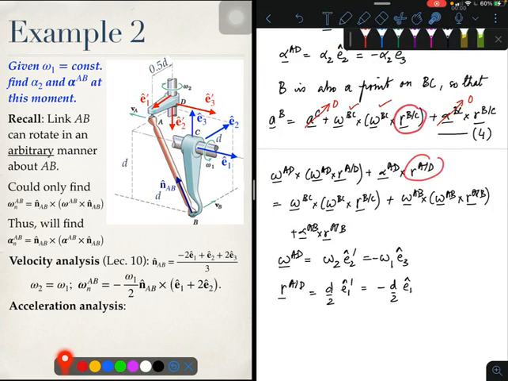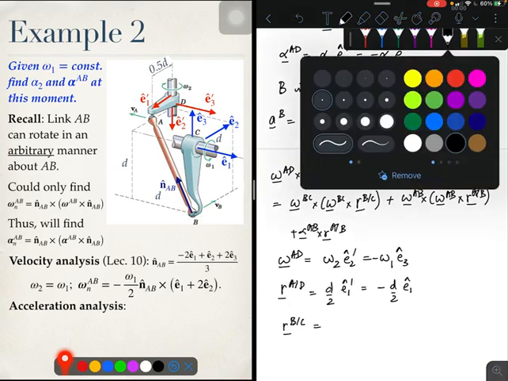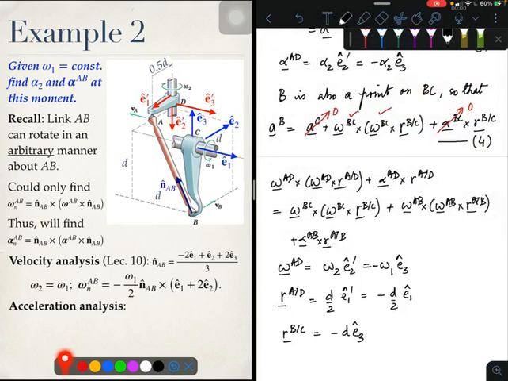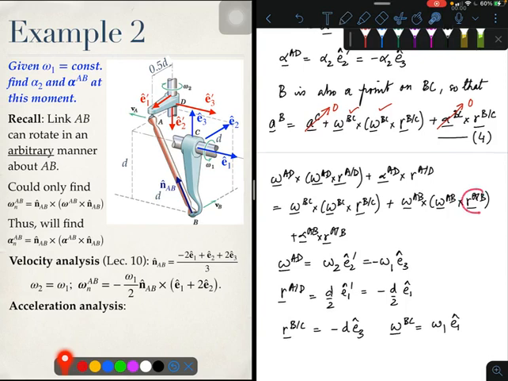I also need RBC. This is given here on the left to be of length D along the negative E3 direction. What more do I need? Oh yes, omega BC is given to be omega 1 along E1. I also need RAB, which is this vector, and this you can find will come out to be 3D by 2 along the NAB direction.